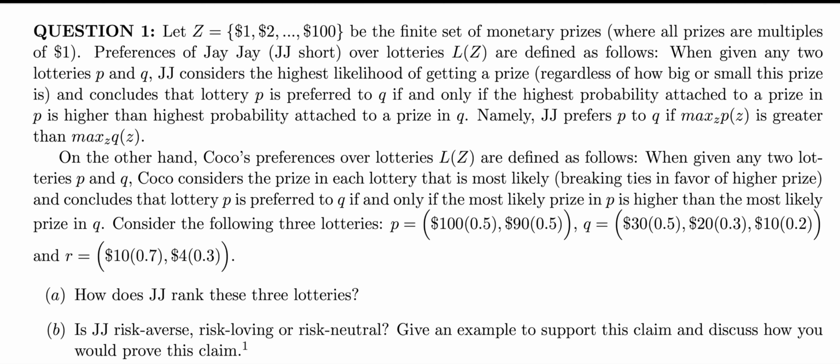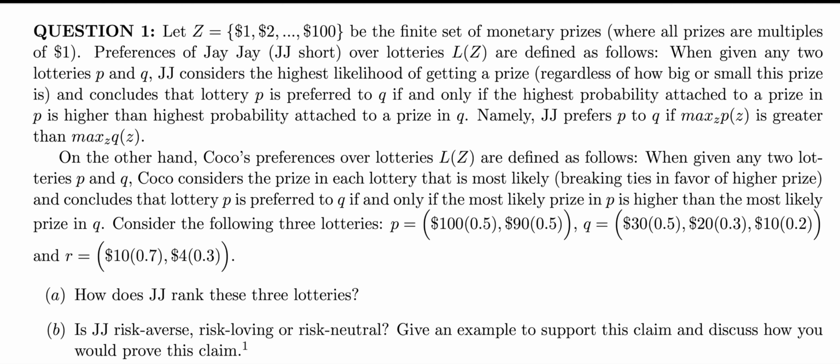monetary prices. So preferences of JJ over lotteries LZ are defined as follows. When given any two lotteries, P and Q, JJ considers the highest likelihood of getting a prize, regardless of how big or small this prize is.